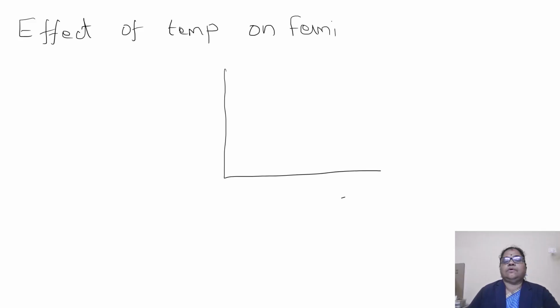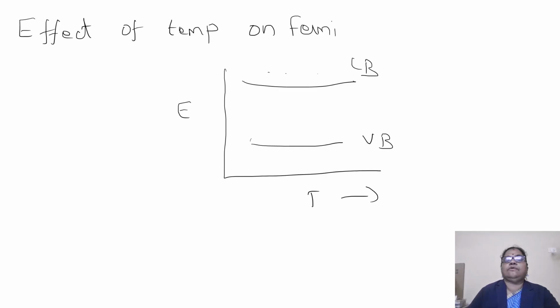Effect of temperature on the Fermi level: variation of temperature with respect to energy. So this is the conduction band and this is the valence band. Here we have some electrons present in the conduction band.